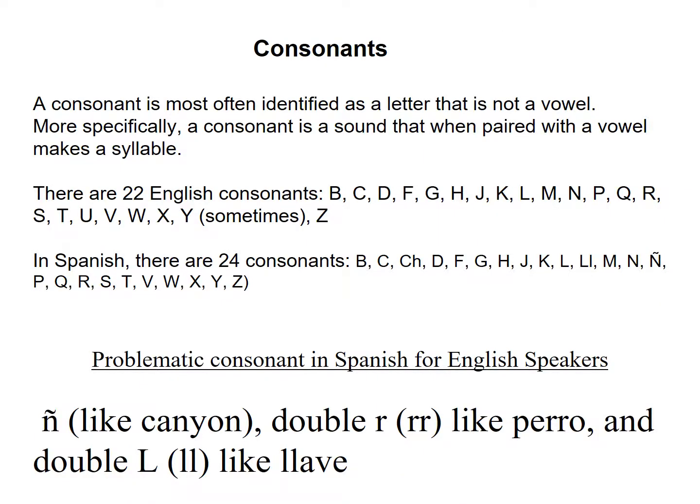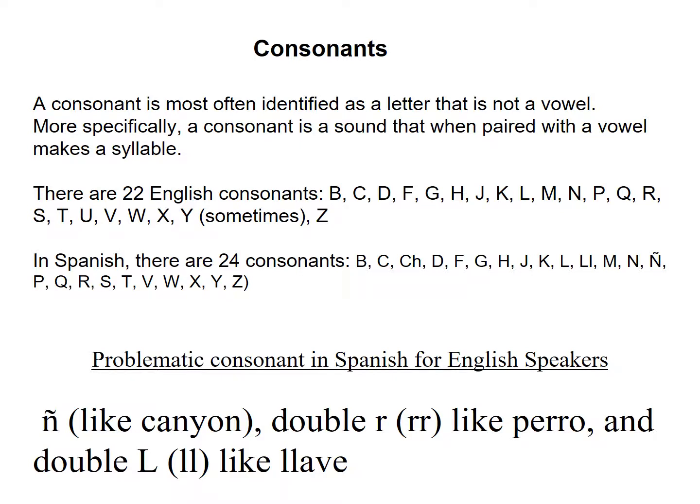Consonants that are not seen in the English alphabet can pose problems for English speakers when speaking Spanish, including ñ, rr, and ll. For example, the word señor, Sir or Mr., and the word niño, Boy.